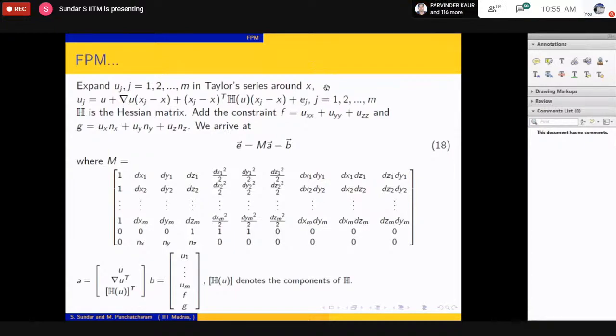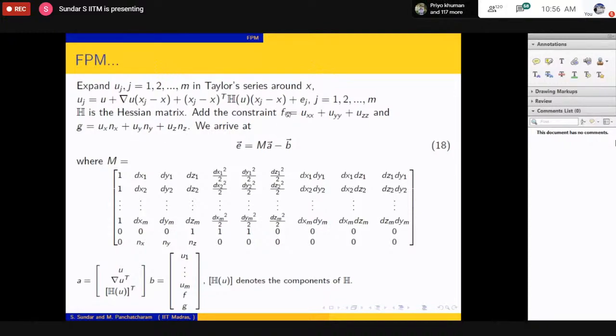So basically, what I do is I'm attaching the equation Uxx plus Uyy plus Uzz as an extra. This is from the expansion of j neighbor particles with respect to x. Along with that, I am using the equation Uxx plus Uyy plus Uzz equal to f, and along with the boundary condition Uxnx plus Uyny plus Uznz equal to g.